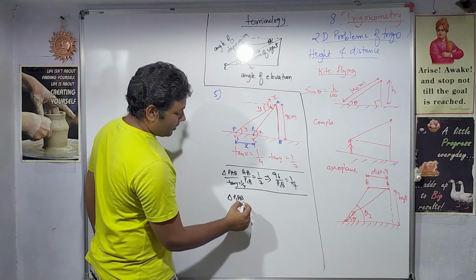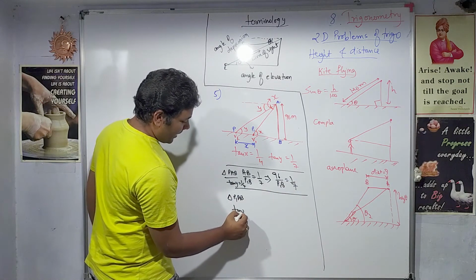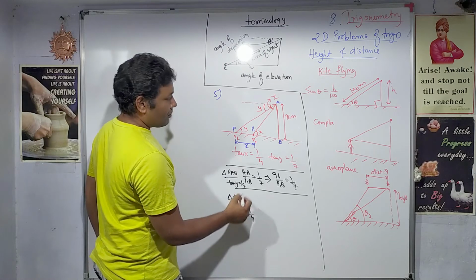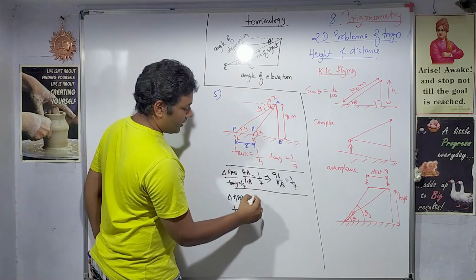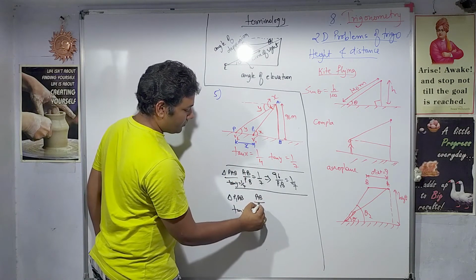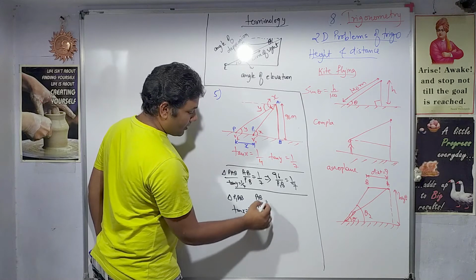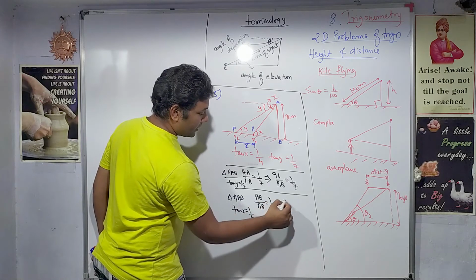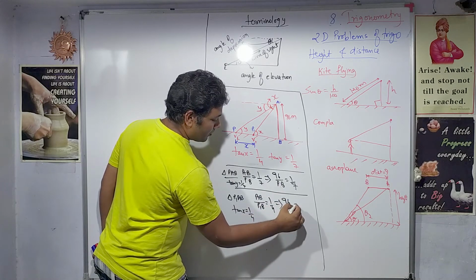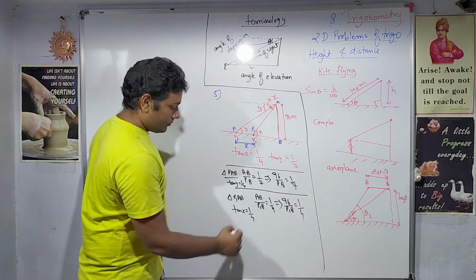And in triangle P1AB, tan x is 1 by 4. So using P1AB, tan is perpendicular upon base, the base being P1B. This value is given as 1 by 4. AB we know is 96 and P1B we do not know.